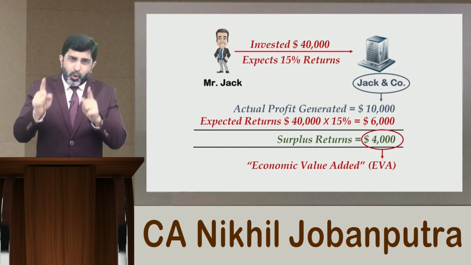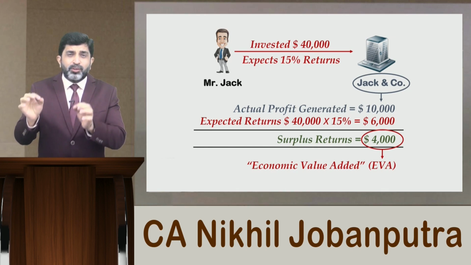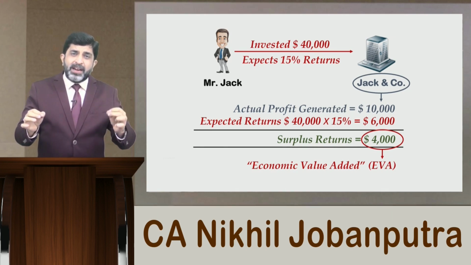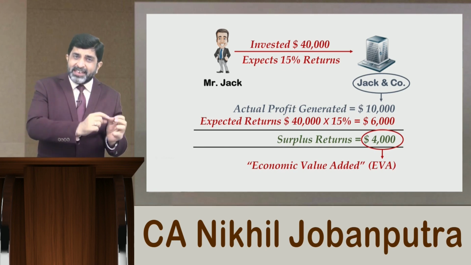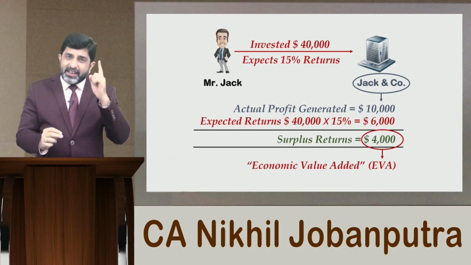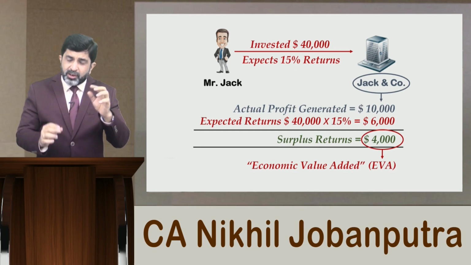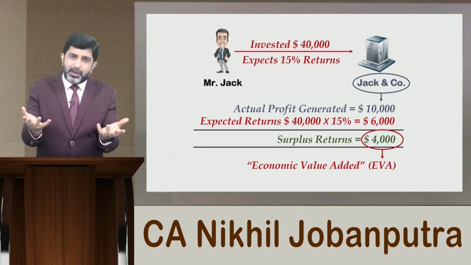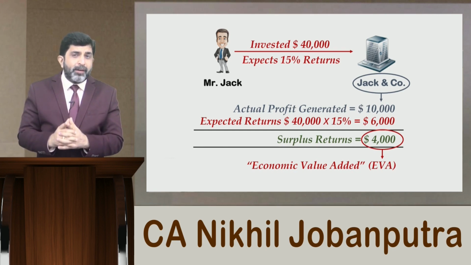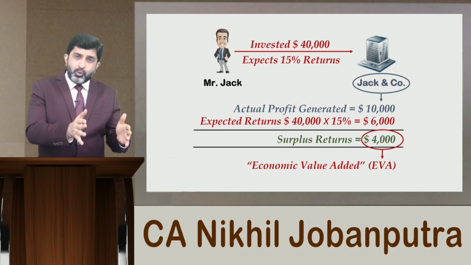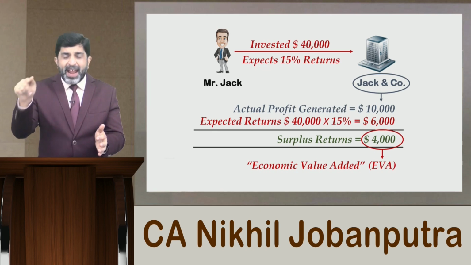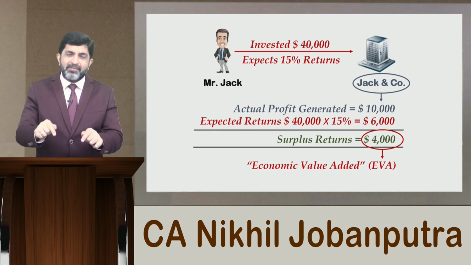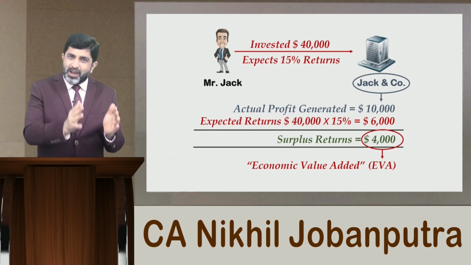So if the total capital employed is rupees 10 lakhs and the weighted average cost of capital comes to 18%, then 18% of 10 lakhs, that is rupees 1,80,000, would be considered as capital charge. And now, from the amount of net operating profit after tax, when you subtract the capital charge, you arrive at economic value added.